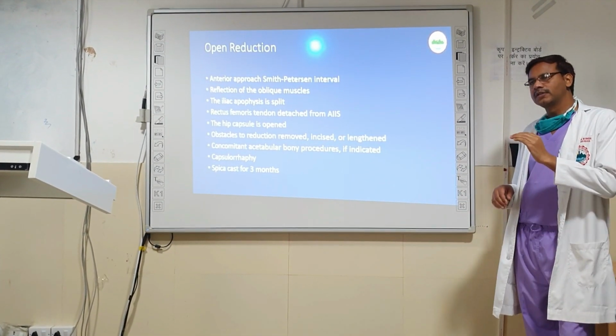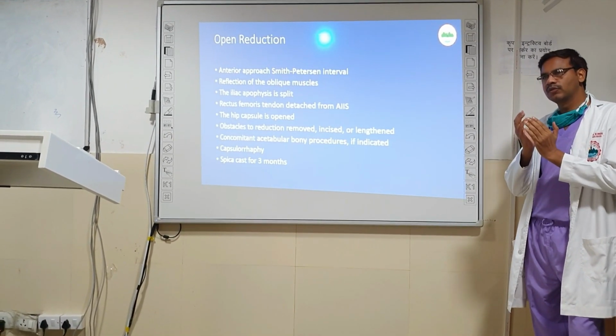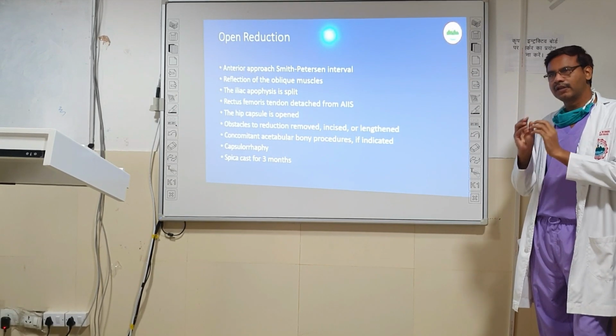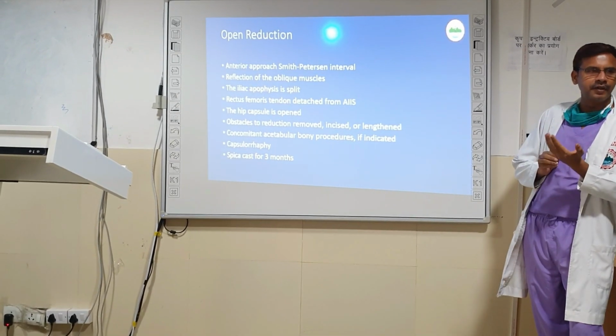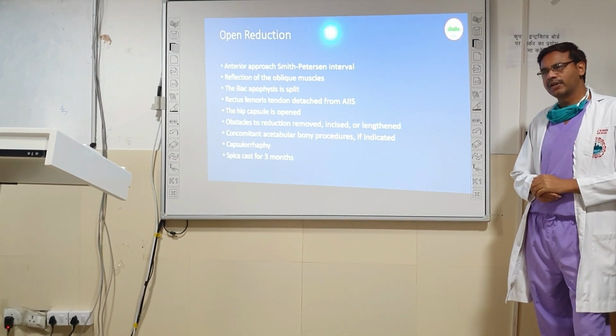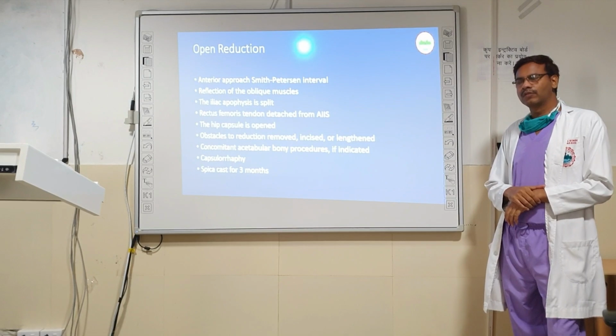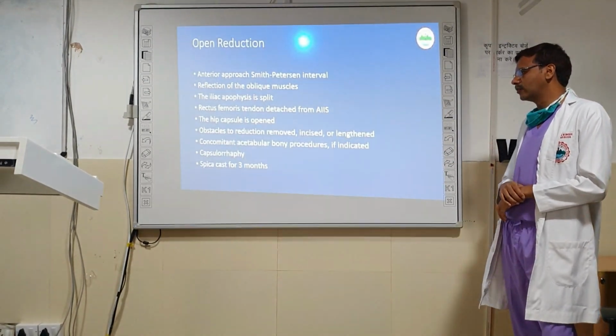What is important is you should go for complete exposure of the capsule, not only from the anterior and lateral side, but also from the inferior and medial portion. Because if the exposure of the capsule is not adequate, then your reduction will be very difficult, and you will not be able to assess what is inside the acetabulum.